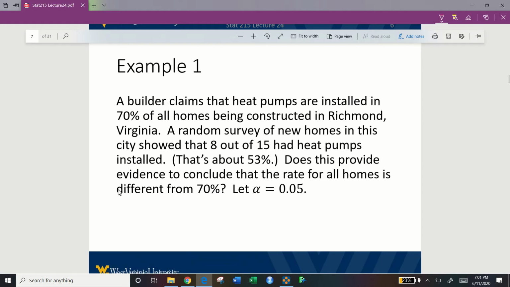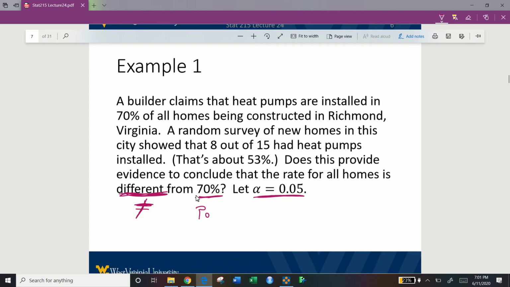A couple things that we should highlight in this problem. One is that we see the word difference. At this point, we recognize that that means our alternative hypothesis is going to be not equal to, and this 70% is going to be our p naught. Of course, our alpha level of significance is going to be important.